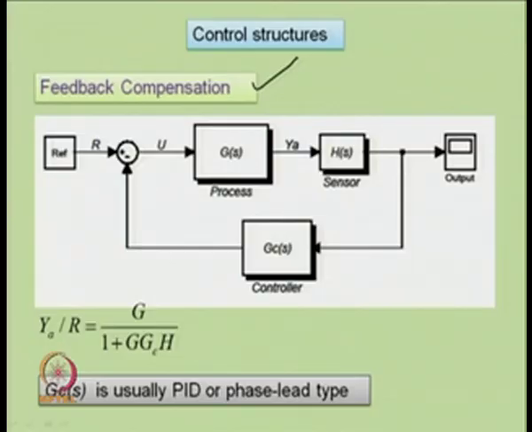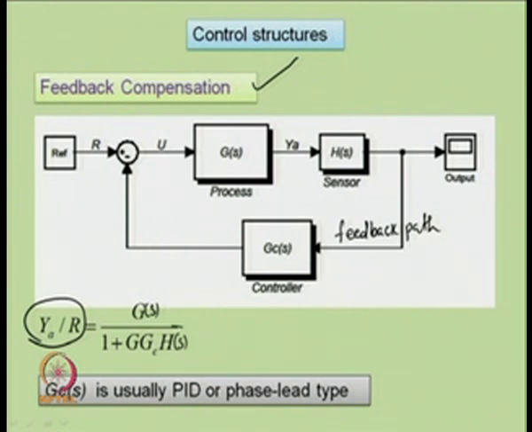Now, in the feedback compensation scheme, the controller is in the feedback path, thus giving the closed loop transfer function y_A upon r as G(s) upon 1 plus G G_C H(s).